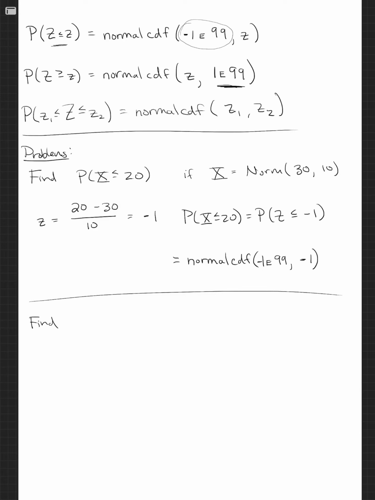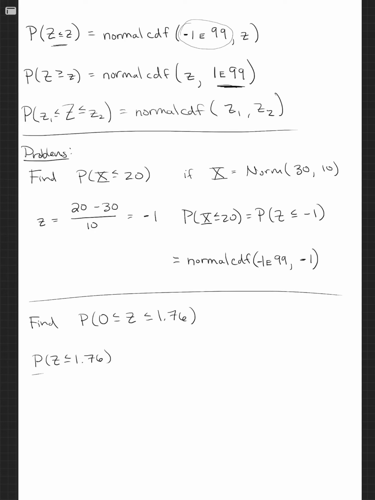So let's find the probability that 0 is less than z is less than 1.76.